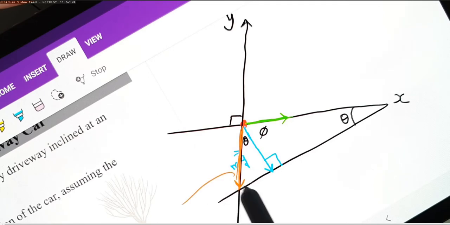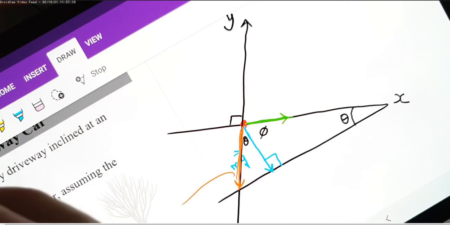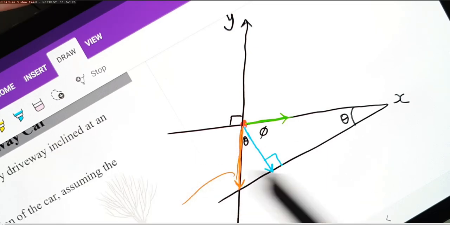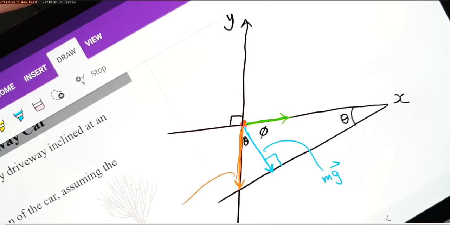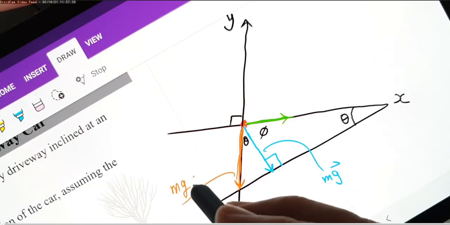Okay, let's go. What's this component in terms of mg? mg cosine theta. This is mg. Let me just erase it from here and write it beside its original. This is mg. So this component clearly mg cosine theta.